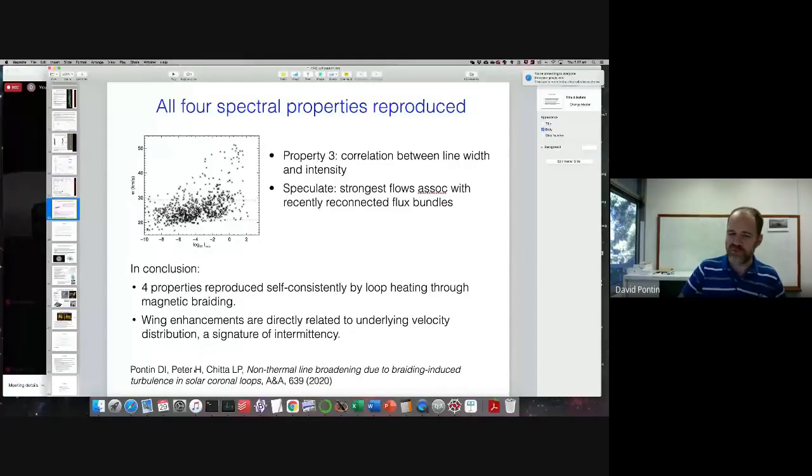Hardy Peter was the author on that paper who knows much more about the observations than I do. So in this paper that's at the bottom of the slide here, there are a bunch of references to the appropriate observations. Oh, thank you. Appreciate that. Sure.